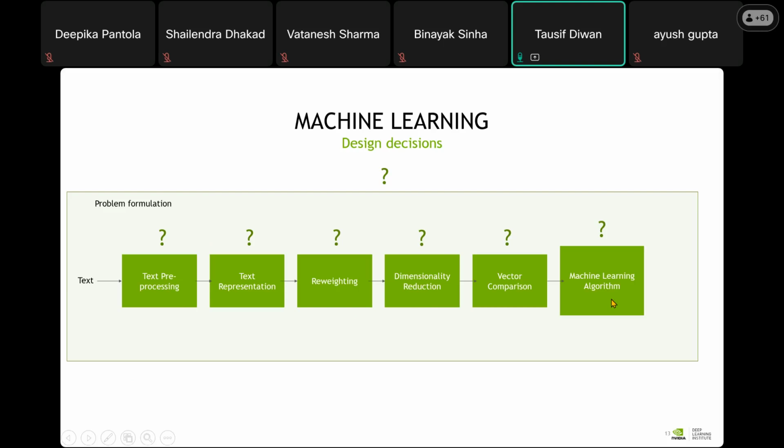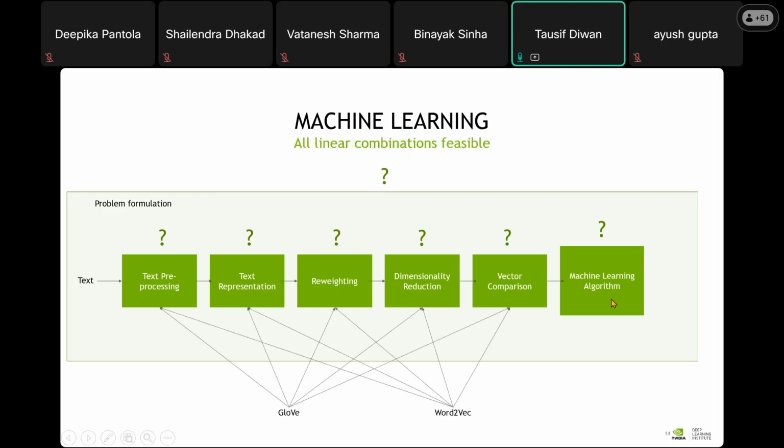So broadly, you can classify everything into two parts. One is the representation and pre-processing part, and the second one is the ML algorithms. The ML algorithm is the last part, which comes last, and all these parts are completely based on some text representation algorithms.